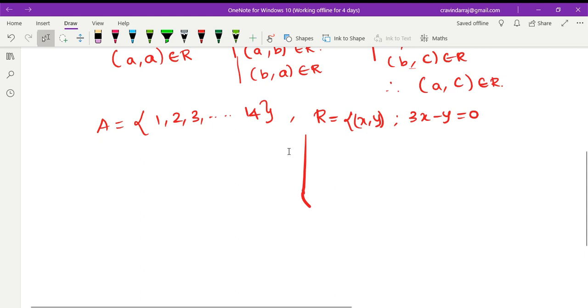In this relation, we can take 3x minus y equal to 0 as y equal to 3x. That's all.